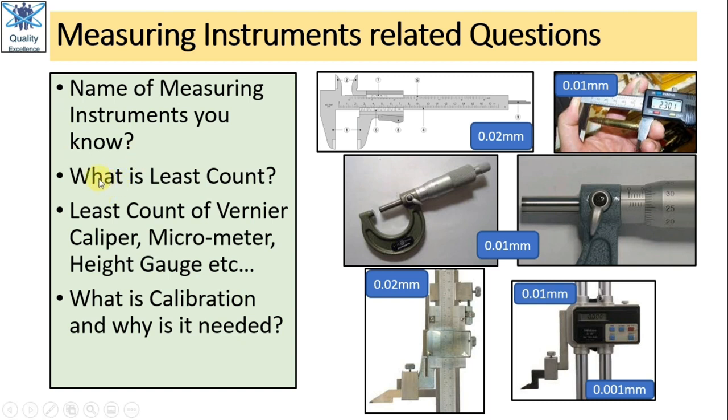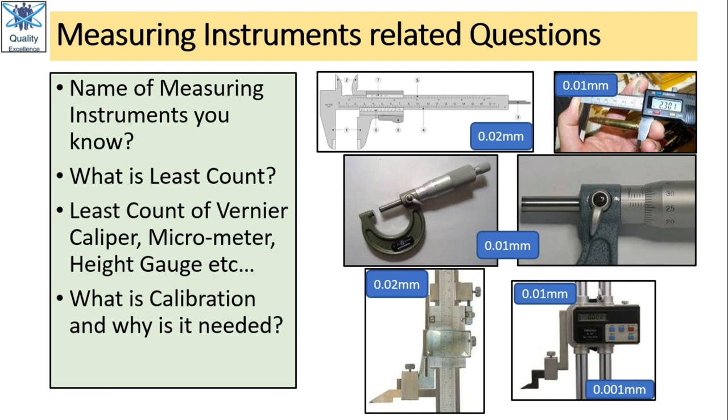Then they can ask you what is least count. Least count is nothing but the minimum value or measurement an instrument can measure. That is its least count.